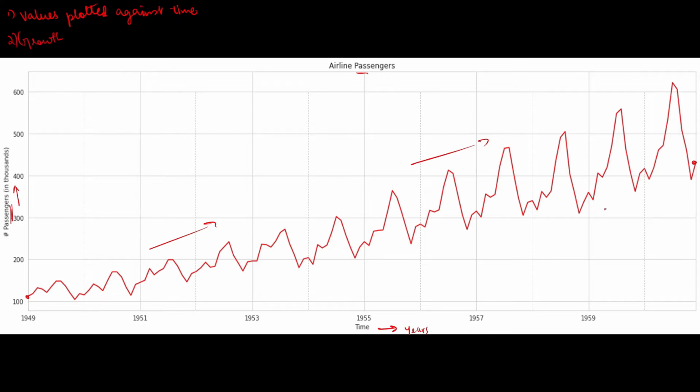Another peculiar thing that we noticed last time was that there is a pattern that repeats year on year, the same kind of pattern every year, which is also the time dependence of the values. And we will understand this, don't worry. This is how we came up with a definition of our time series: a set of real values that are plotted against time.